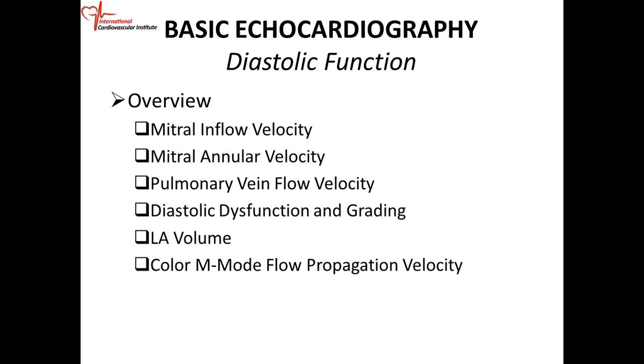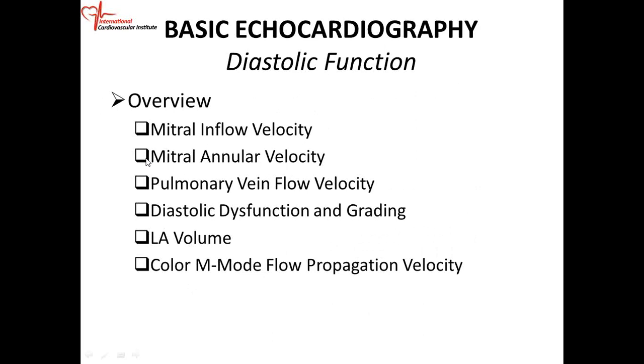Then in diastole, your mitral annular plane moves downward, and you have an early diastolic velocity we call E prime, and a late diastolic velocity we call A prime. The speed at which this annular plane is moving is important, because if you have muscle disease, it's not going to move as fast. And diastolic dysfunction is a muscle disease.